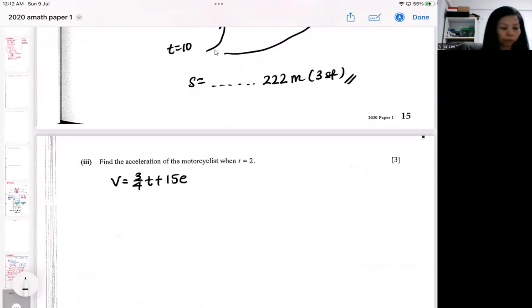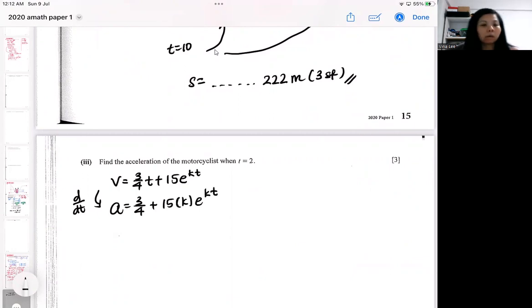I use the velocity and I'm going to differentiate. Differentiating it will be quite easy. I'll differentiate with the k first, then later on, I will insert in the k.